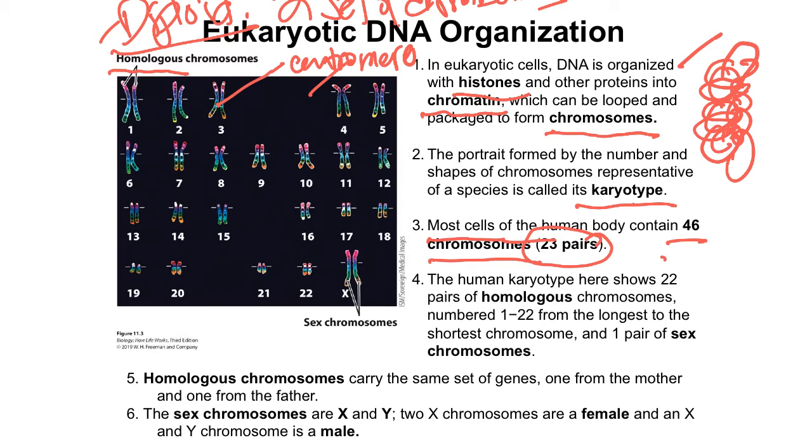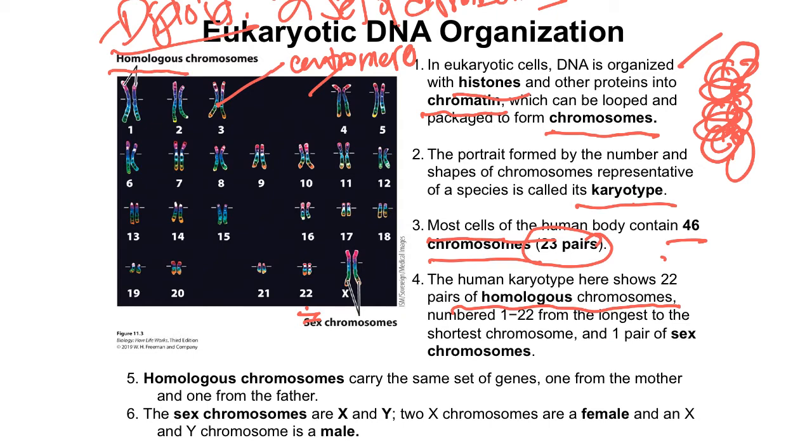Okay? The human karyotype here shows 22 pairs of what we call homologous chromosomes that are numbered 1 to 22 from the longest to the shortest. So they all appear to be very different in size. Okay, some are large, some are short.